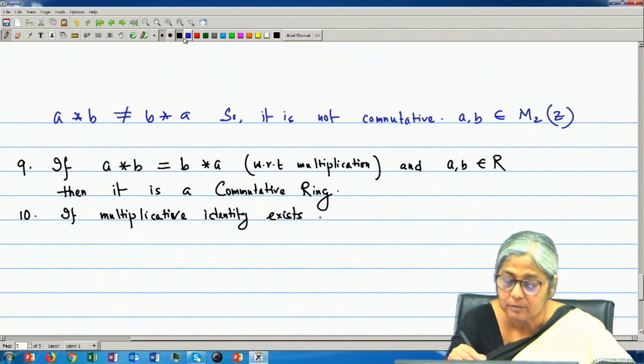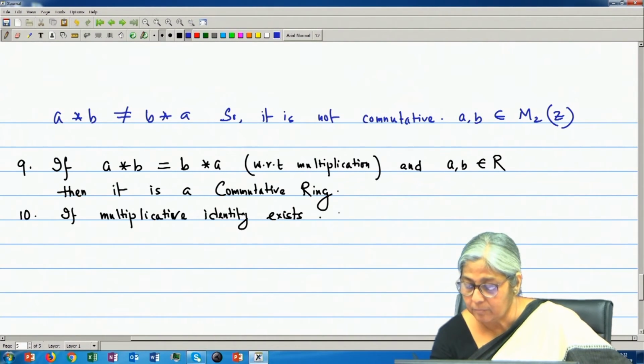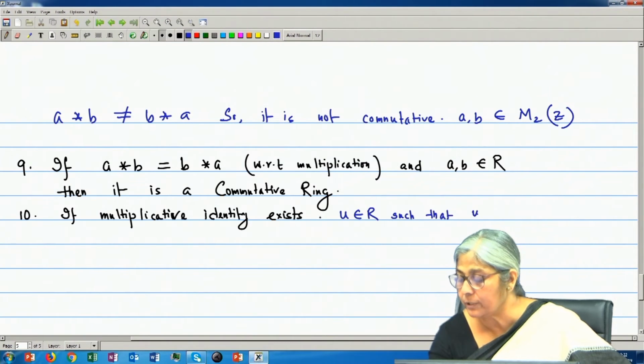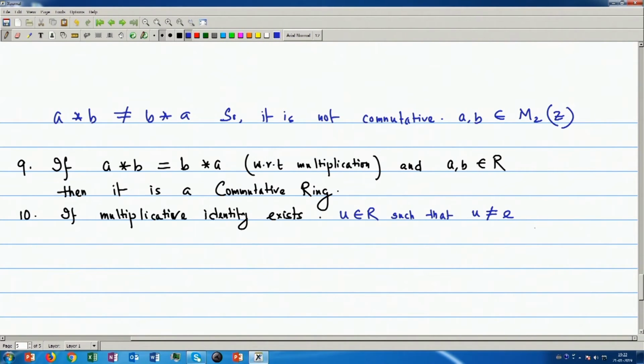That is, I can write that some element u belongs to R such that u is not equal to the additive identity, say E, and A star u equal to u star A equal to A for all A belonging to R, since the multiplication sign we have taken as star.